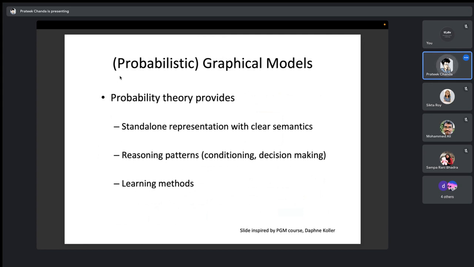Like given an event, what is the probability of the other event happening. So conditioning and decision making, all these reasoning patterns are given by probability theory. The other part is also learning methods. In linear regression, for example, in the lecture we saw, we introduced a probabilistic representation of linear regression at that time.